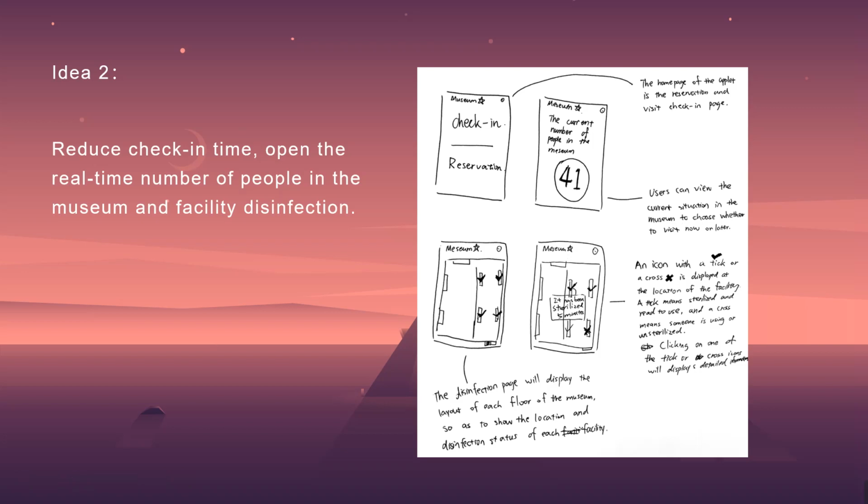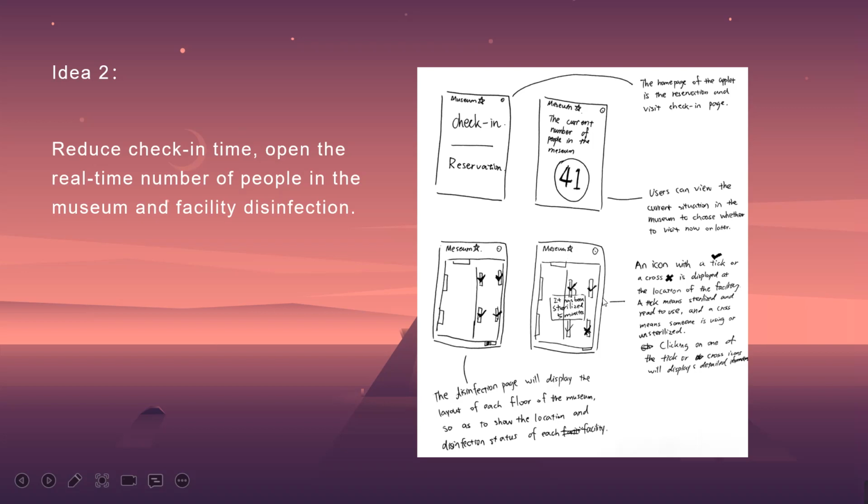That they can see the number of people in the museum. And the other page is the disinfection page, which will display the layout of each floor of the museum so as to show the location and disinfection status for each facility.